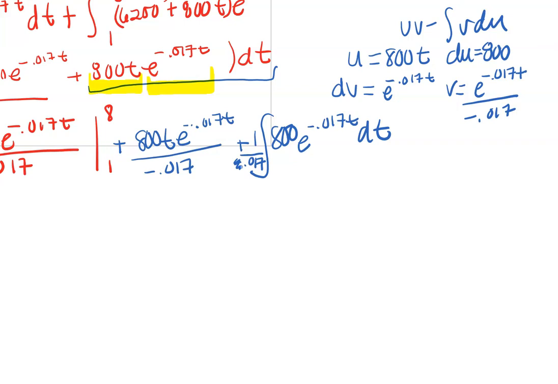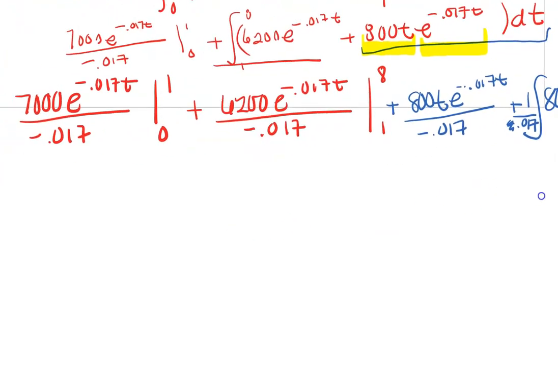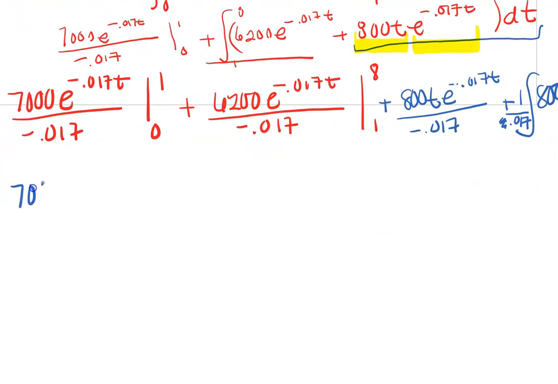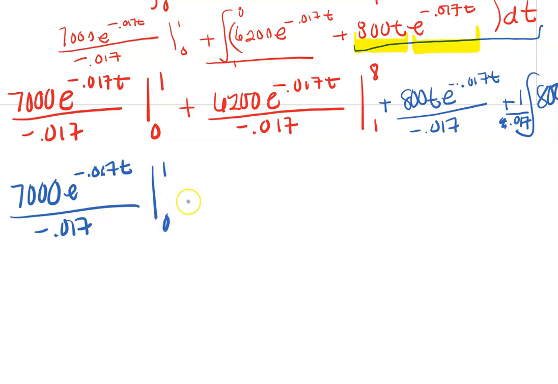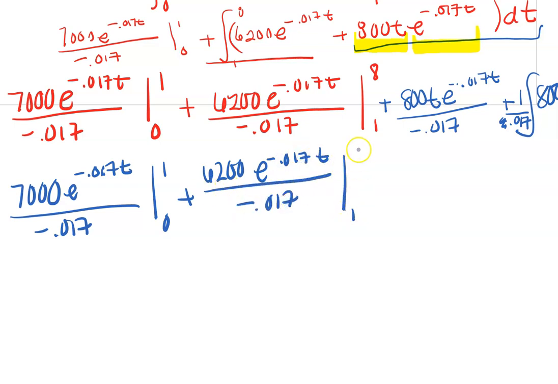And so the integration of that piece would end up with, here's our final result of our definite integral, so we can actually plug in all these numbers over negative 0.017. We're integrating that from 0 to 1, plus 6,200 e to the negative 0.017 t over negative 0.017 from 1 to 8.